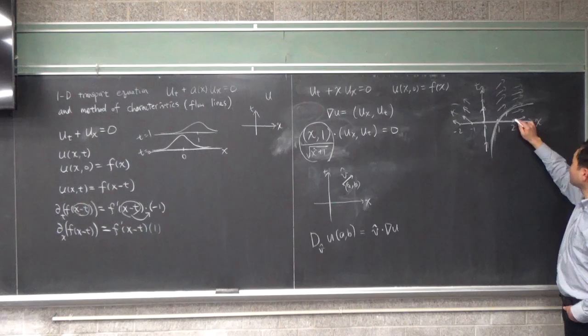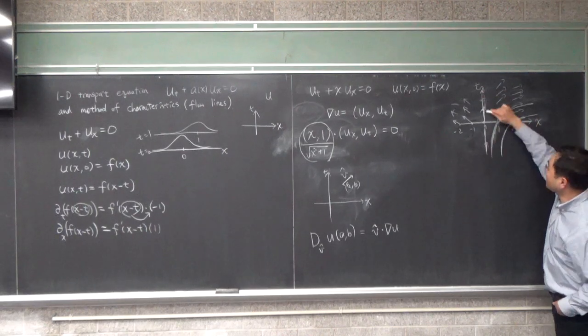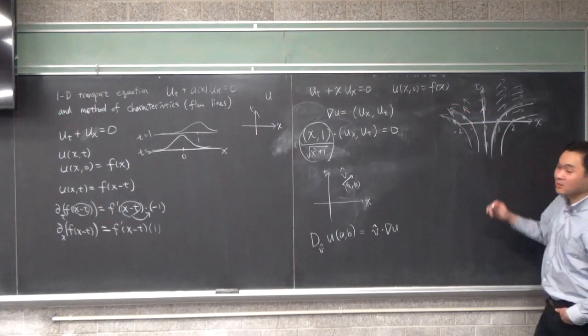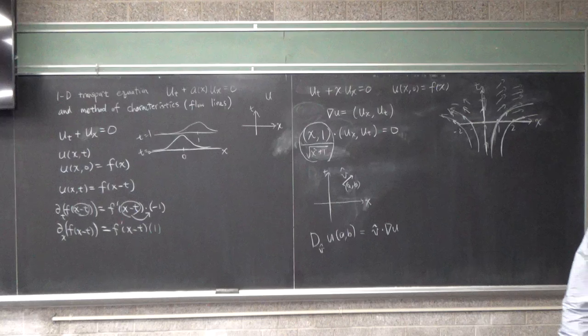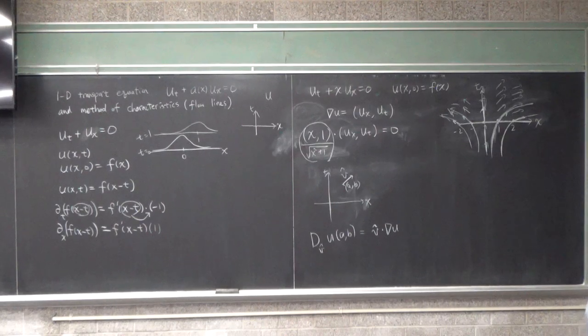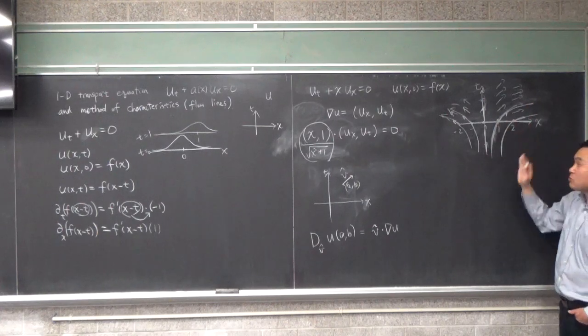And a line passing through here would be something more like that. This will be just straight up. This will be like this, like that. So you can see that it gives you a nice idea of what's going on.